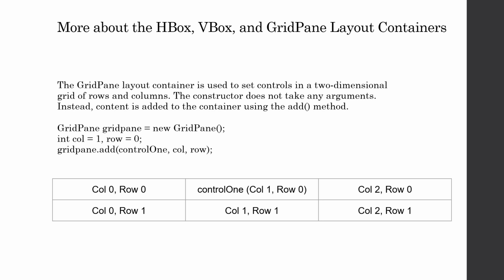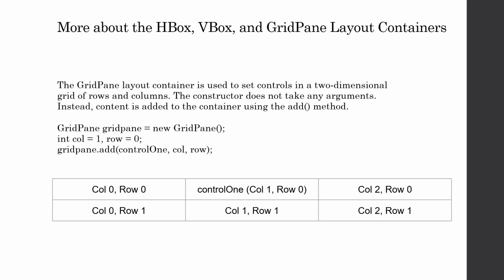We can see a quick and simple example right here where we've constructed our empty GridPane. I've included this initialization of a column and a row, so we're doing column 1, row 0 to specify a particular position somewhere in our GridPane. And then we add that. The way you go about adding it, you specify the control that you want to add to your GridPane, and you also specify the position as a column number and a row number. Similar to our arrays, you'll notice that the column and row numbers are 0 based.